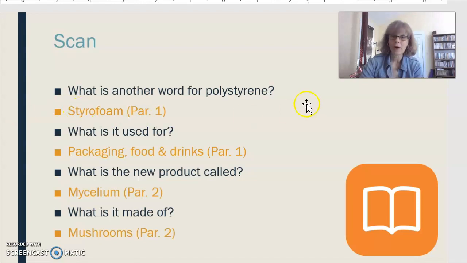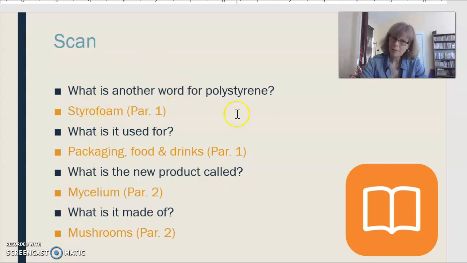So you can see that paragraph 1 gives me the first answer, talking about styrofoam. That's another word for polystyrene. And I get that answer in the first sentence. And as I read further in that paragraph 1, I find out this is used for packaging, for food, for drinks, cups of coffee. And then I get into paragraph 2 to find out about a new product.